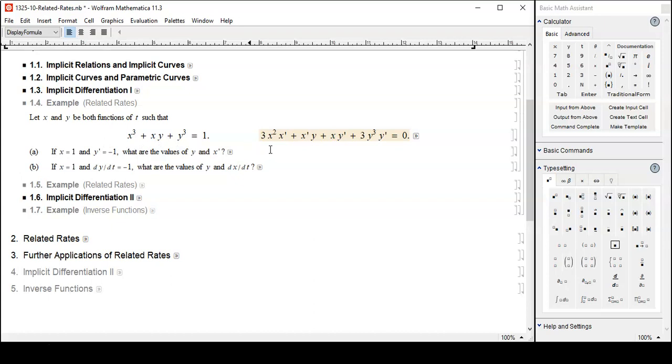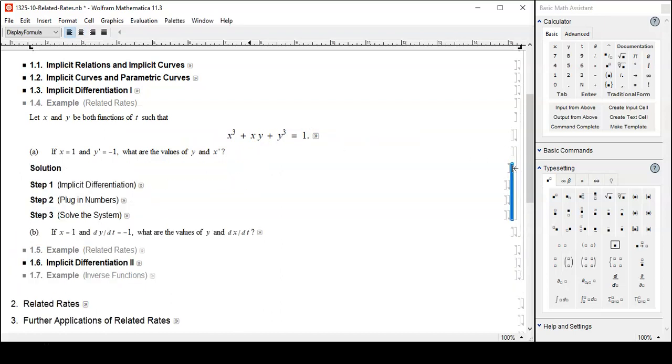X cubed becomes 3x squared upon taking the derivative, but then again x prime pops out. And then in the middle we have a product rule, and y cubed becomes 3y squared, and then y prime pops out, and the derivative of any constant is 0. Remember all those? So we have these two equations to work with, and then plug in the numbers and you're going to get a system of two equations and two unknown variables.